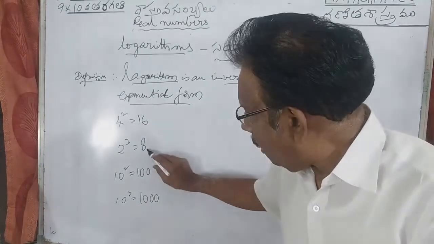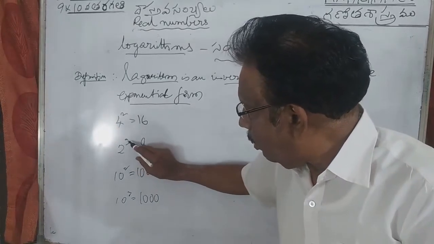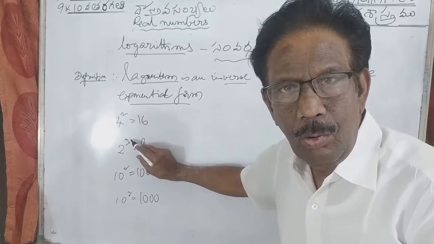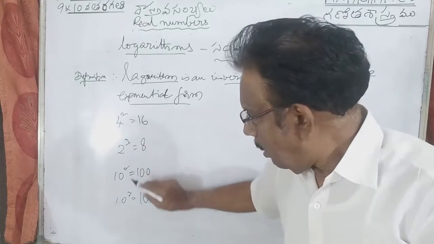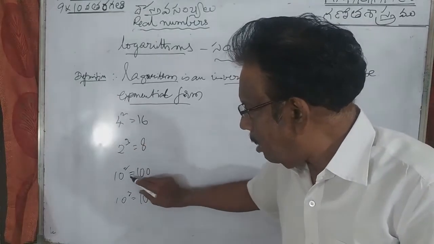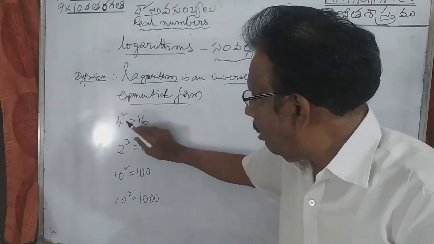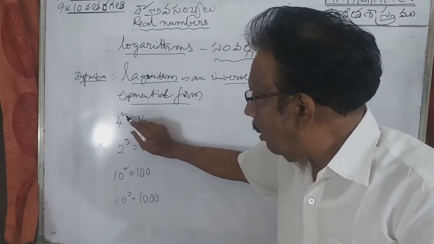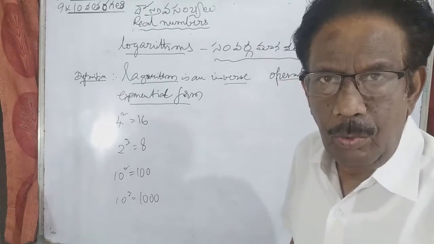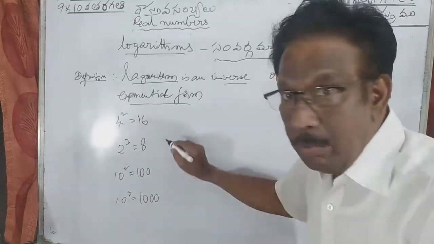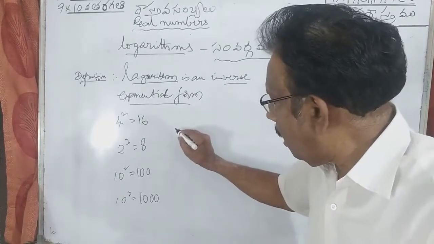Like to get 8, we raised 2 to the power of 3, or 2 cube. Here 10 square, 10 is raised to the power of 2 to get 100. Here to get 16 to the base 4, we raise it to the exponent 2. So the same I am writing. Look here again.